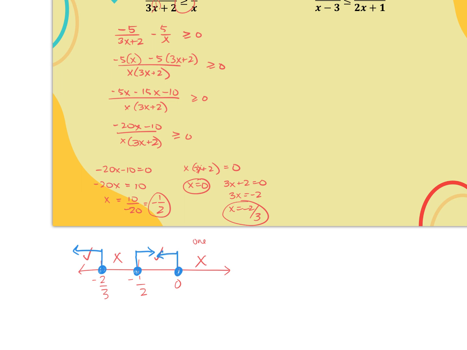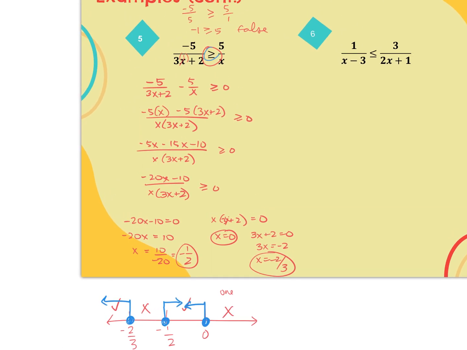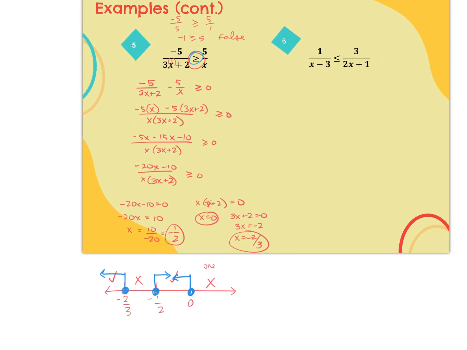But remember that at your denominators, you have to look at it, but because it's greater than or equal to, remember that your denominator cannot be equal to certain ones. Whatever ones are in the denominator, it can't actually equal those specific numbers. So at x equals 0 and at x equals negative 2/3, we have to do an open circle.